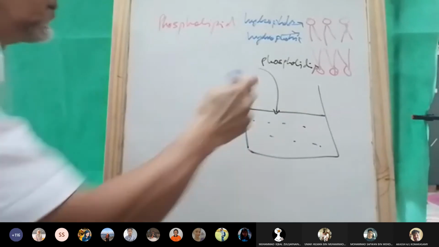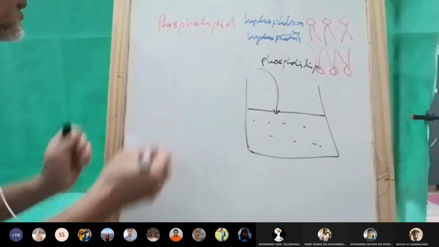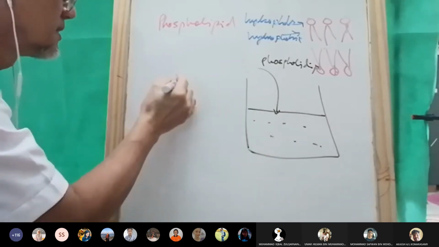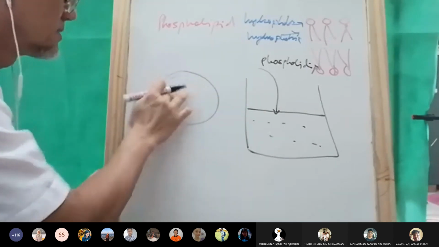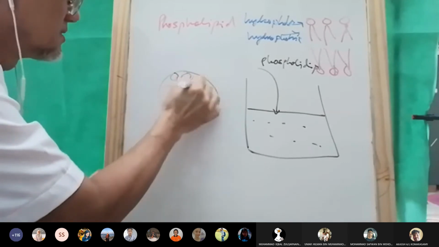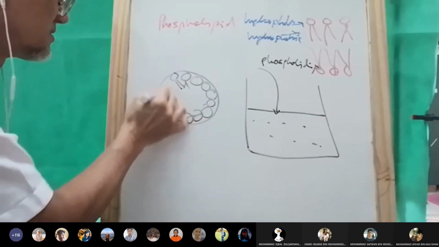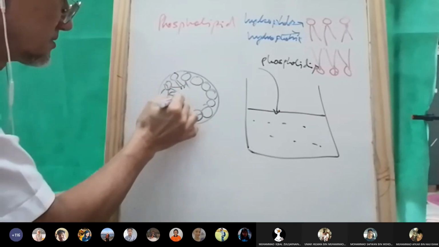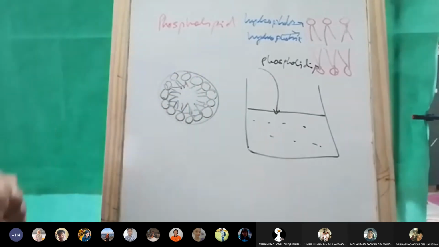If you are able to mix the phospholipid with the water, rather than staying as is, it breaks into small particles and starts to form a micelle, with the head pointed towards the water outside and the tail pointed inside into the micelle.